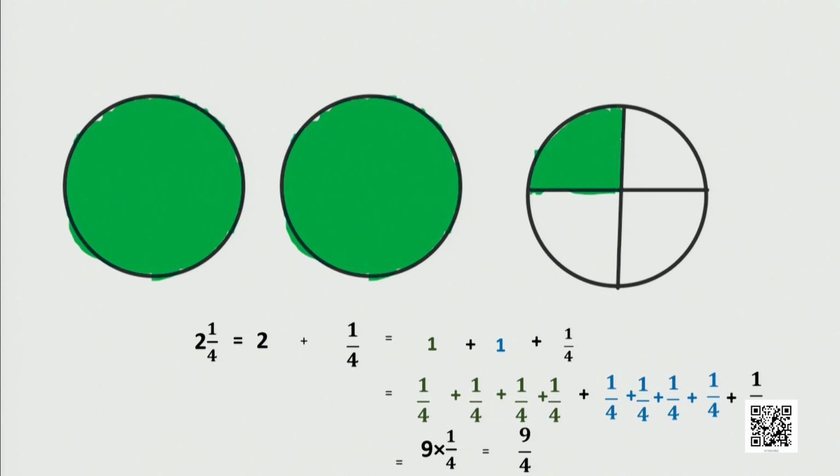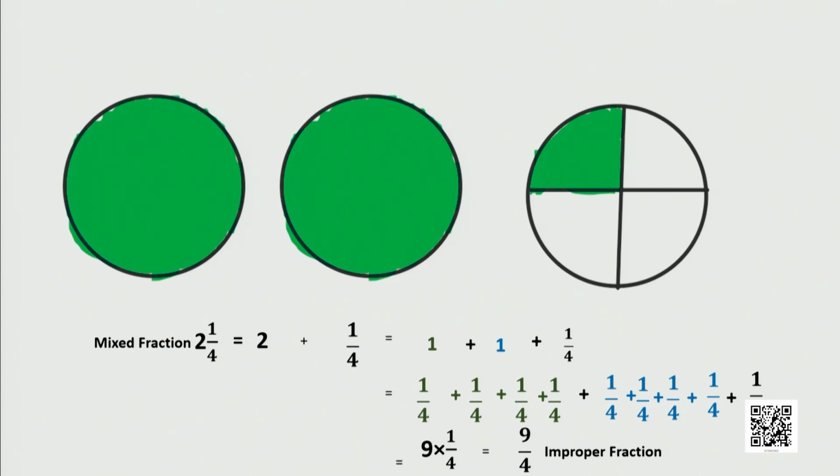Now these two representations: the first representation, which is 3 1 over 4, is known as a mixed fraction, and the other representation, which is 9 over 4, is known as an improper fraction. Students, earlier we have seen what a proper fraction is.